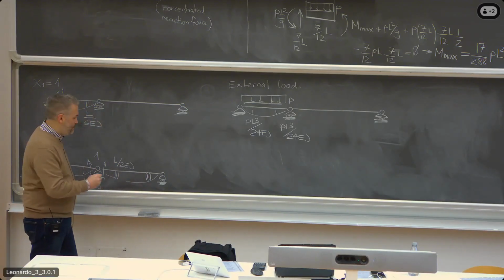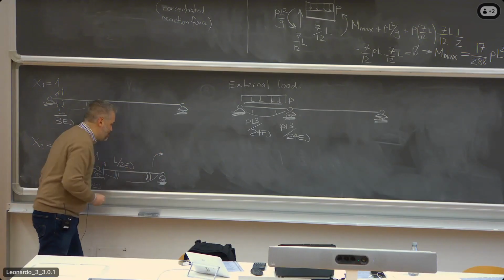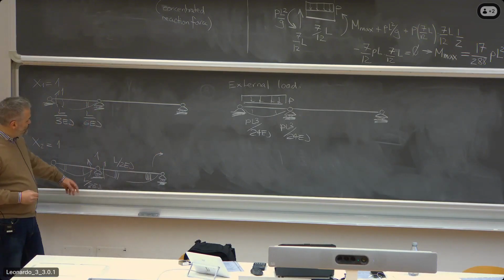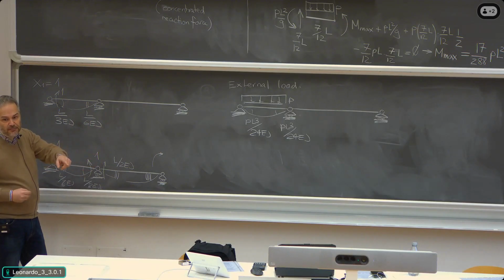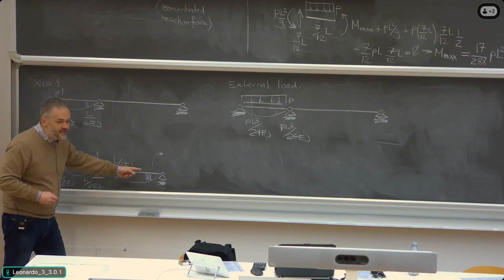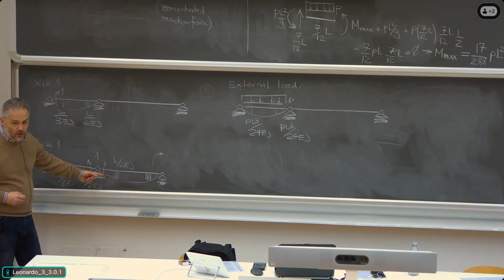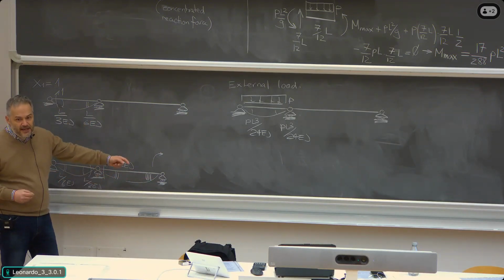What would it be? It would be the value of x2, which in this case is 1, with the coefficient you have at the back of the page. Remembering that point C is not where the bending moment is applied, it's the other end.